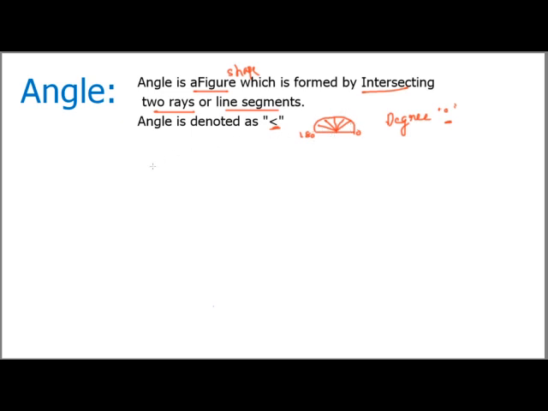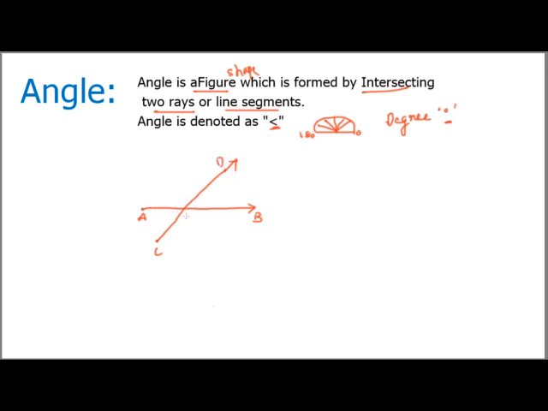Now first we are going to see how an angle is formed when two rays meet. Suppose we take a ray AB, which starts at point A and moves in the B direction, and take another ray CD, which starts from point C and moves in the D direction.